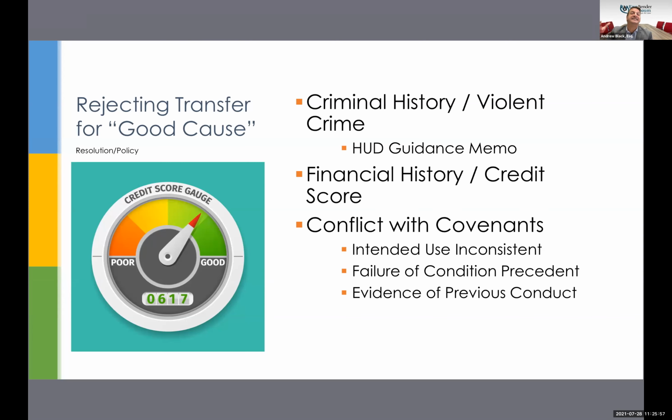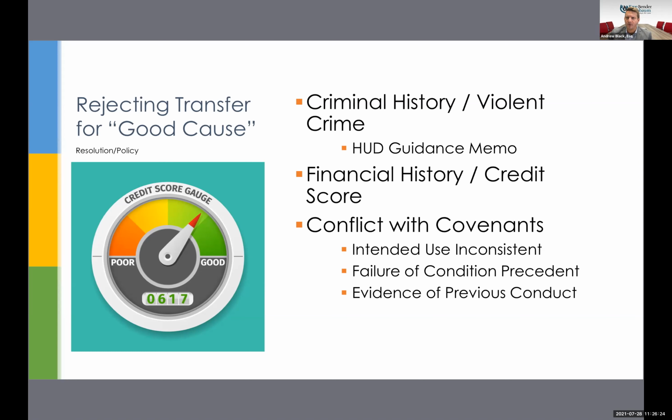Another somewhat easy one, another good cause factor, is if there's a material misrepresentation on the application itself. Someone lied, okay? This does not mean it's incomplete. If you get an incomplete application, you should ask the applicant to complete it, right? So I'm not talking about an incomplete one, I'm talking about where someone lied.